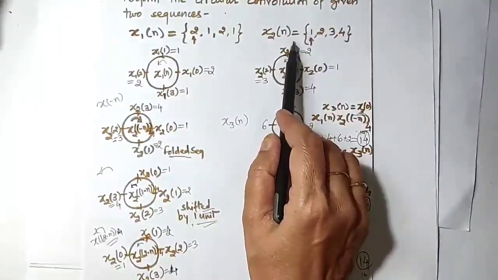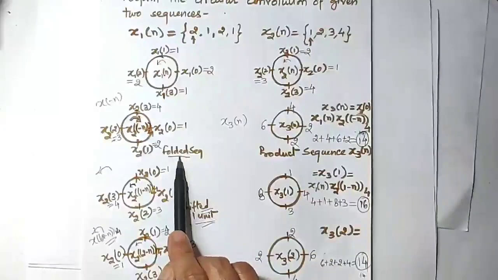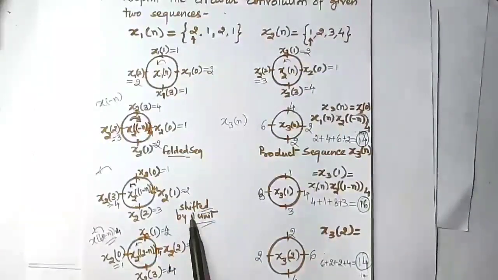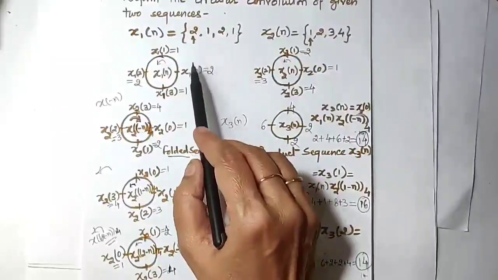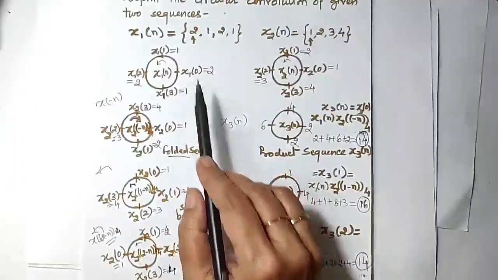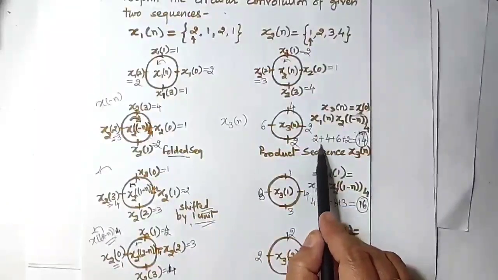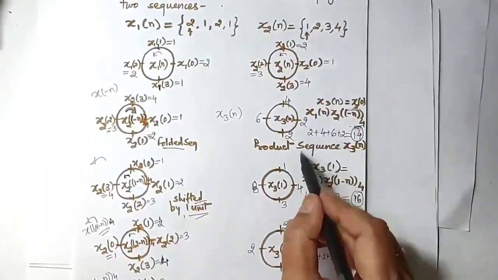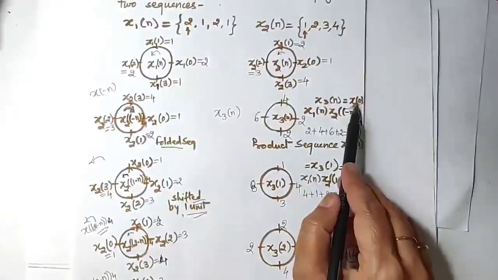The step of circular convolution says: first find the folded sequence, then shift it by unit 1, unit 2, then unit 3, step by step, and multiply with the other sequence x1, and then take the sum of all the product samples for getting the individual value.